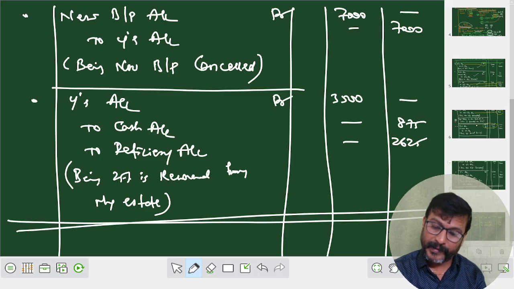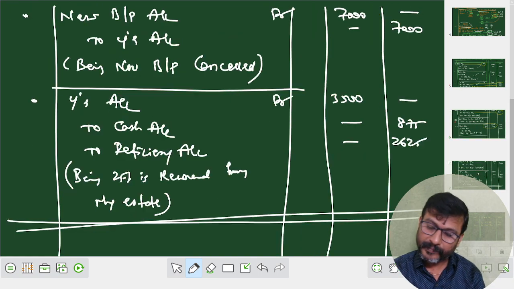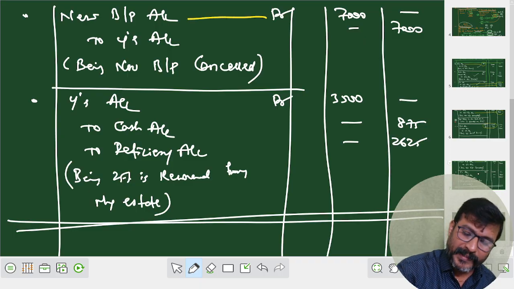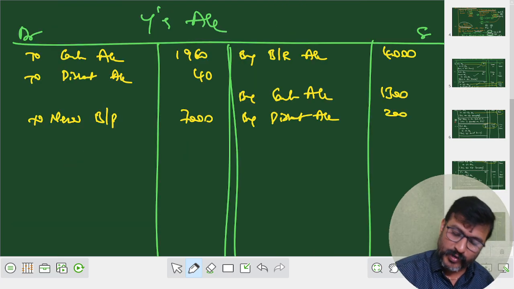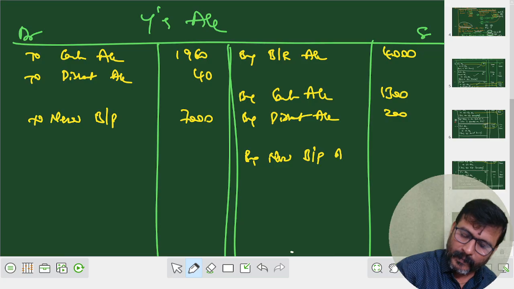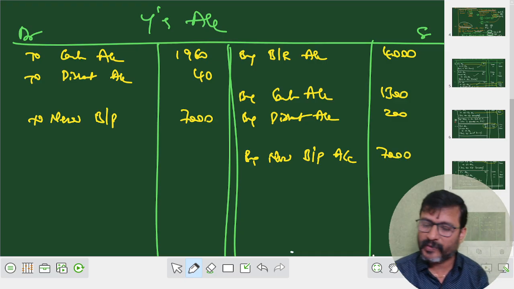After that what happened? New BP to Y. New BP is in the debit side of journal, so it goes to the credit side of ledger, new BP account an amount of rupees 7000.